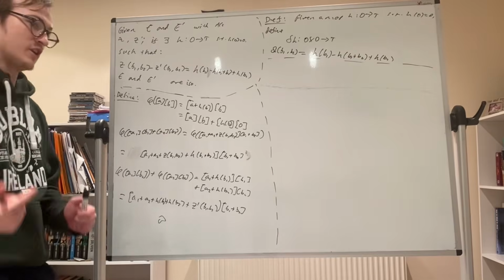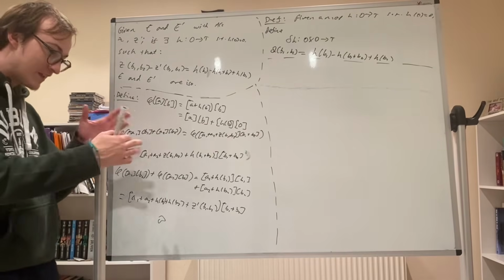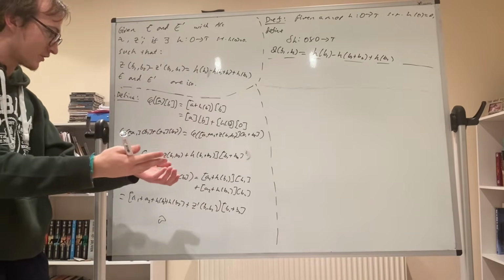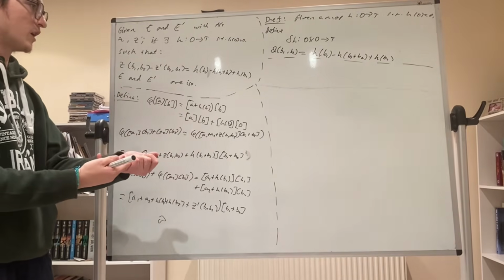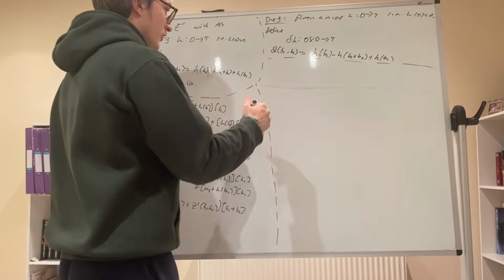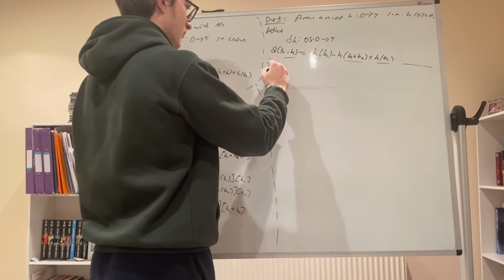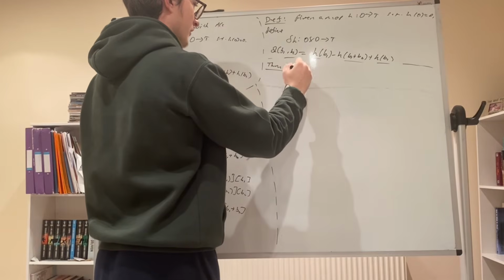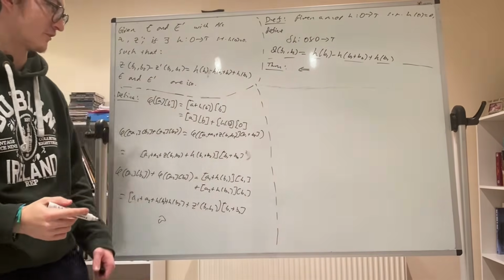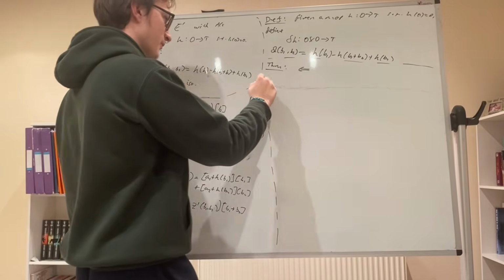What I want to show now is the other direction, that if E and E prime are isomorphic, their associated cocycles differ by a coboundary. So theorem, other way around. I'll just put the other implication arrow, because I don't want to write out the whole thing. It's okay. Proof.